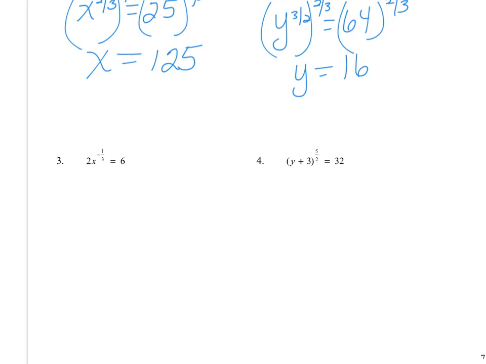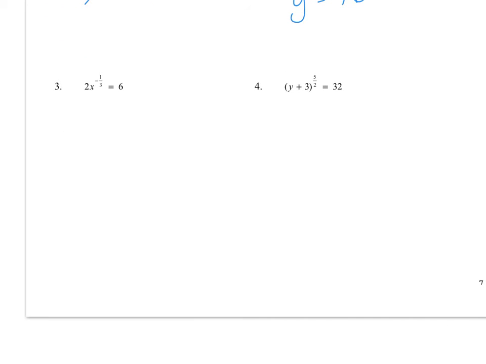I'm going to raise both sides to the 2/5 power because my base is a binomial and it's already isolated. So I'll end up with y plus 3 to the 10/10, which is y plus 3 to the first, which is plain old y plus 3. And 32 raised to the 2/5 power on the calculator is 4.